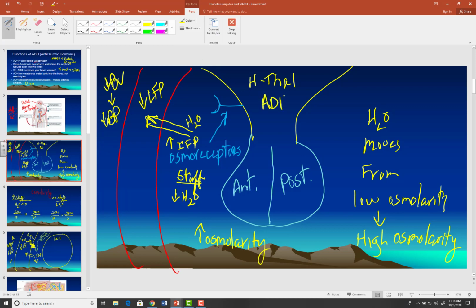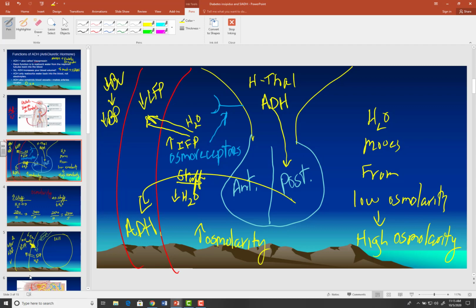And any hormone that's produced in the hypothalamus is released from the posterior pituitary. So there's an increase in osmolarity, the hypothalamus produces ADH, it travels through that little portal circulation between the hypothalamus and the posterior pituitary, and the posterior pituitary dumps ADH into the blood.